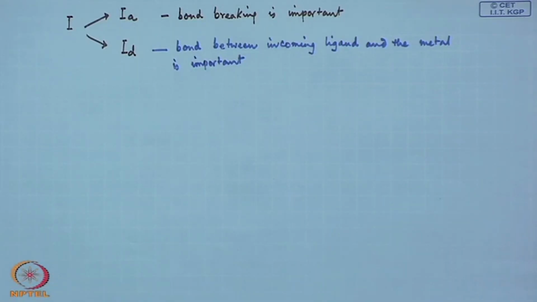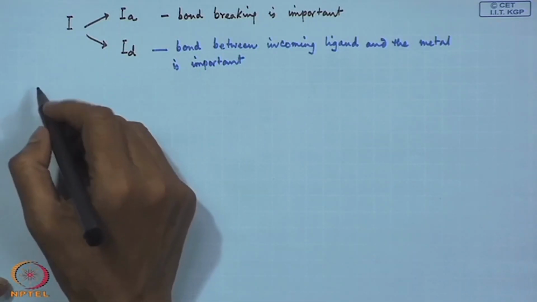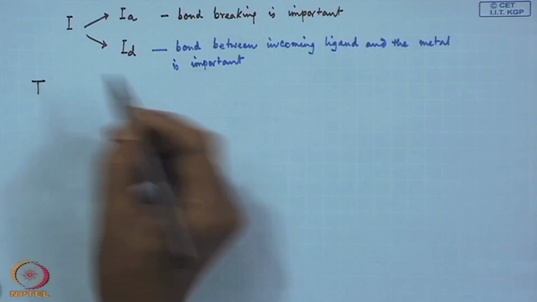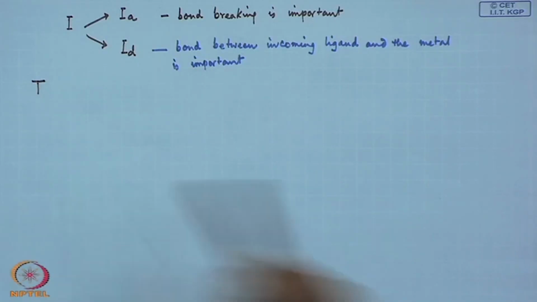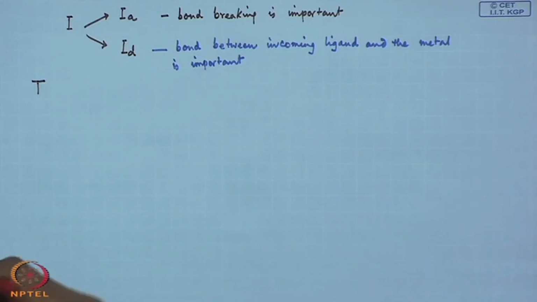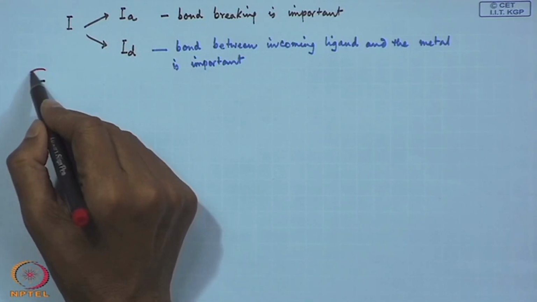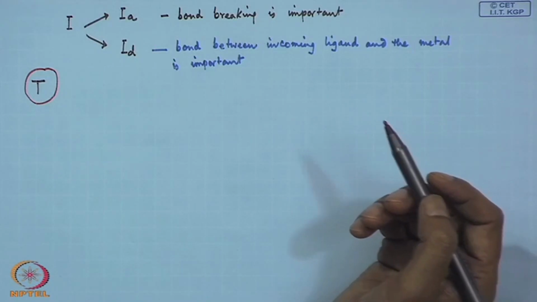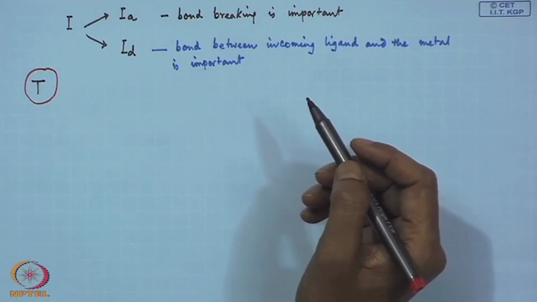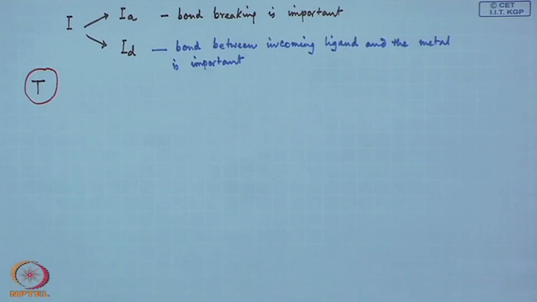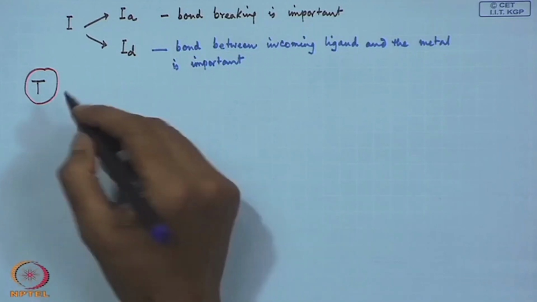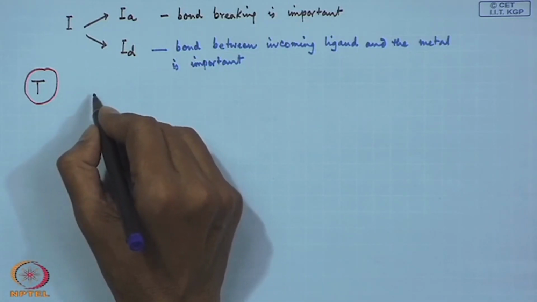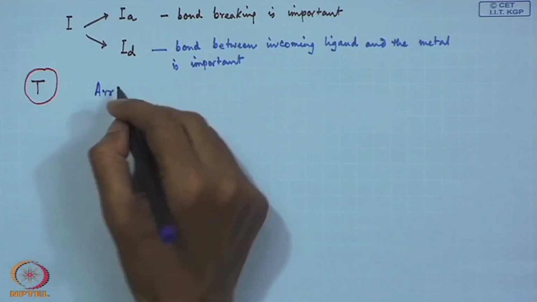So, for these different types of reactions, we now bring in the temperature parameter. So far we have been talking about the rate law and the concentration change for the different reactive patterns, that means the X concentration and the Y concentration, the leaving ligand and the entering ligand. Now, if we consider the temperature, we have the Arrhenius equation.